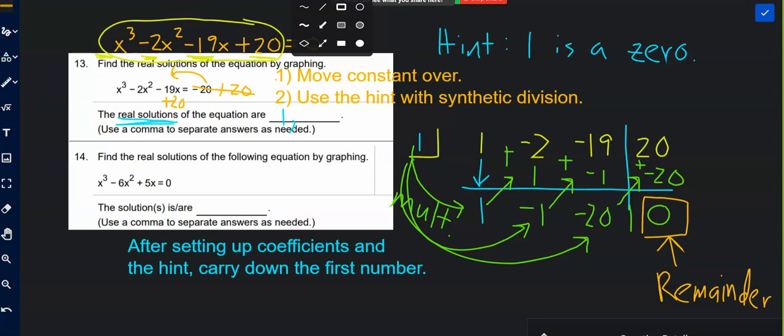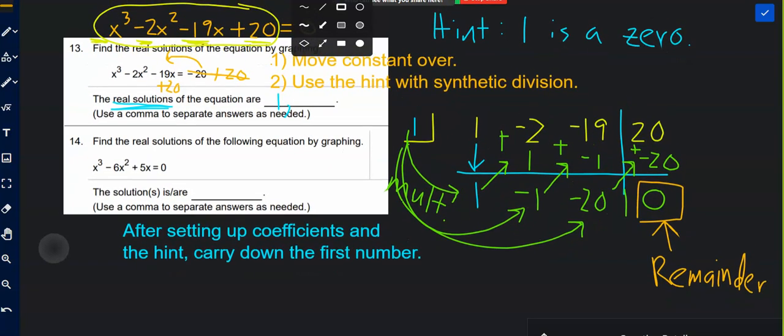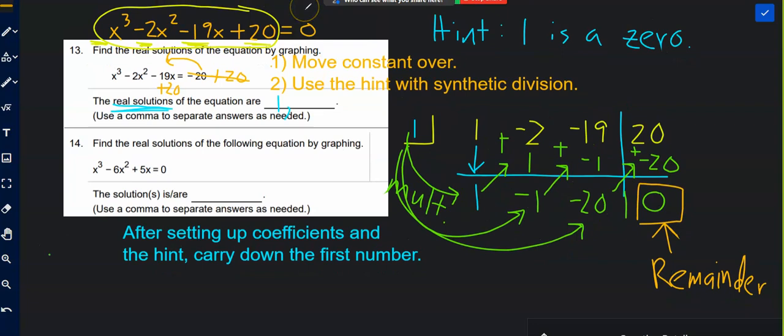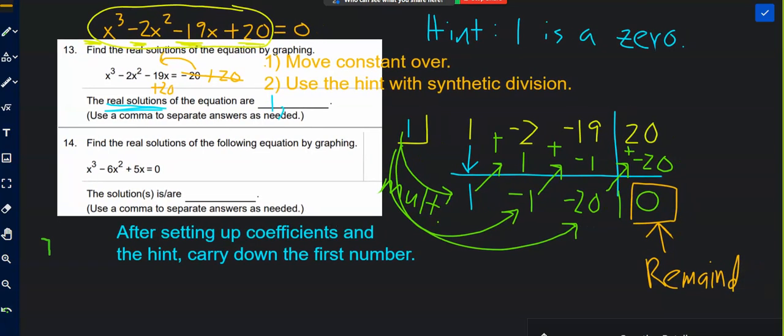Well, guess what? We know that this can be factored. We should have gotten a remainder of 0. Why am I not? Oh, that's why. Nope, that didn't work. Remainder. There we go.